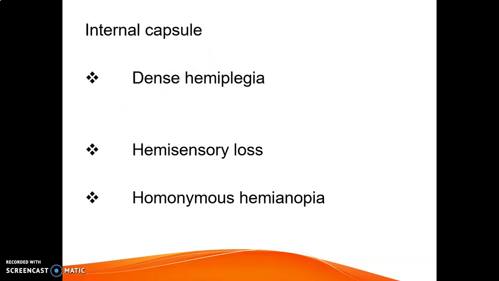Then we discussed the corona radiata, which originates from the area called the motor area. The motor cells, or Betz cells, are the largest neurons.